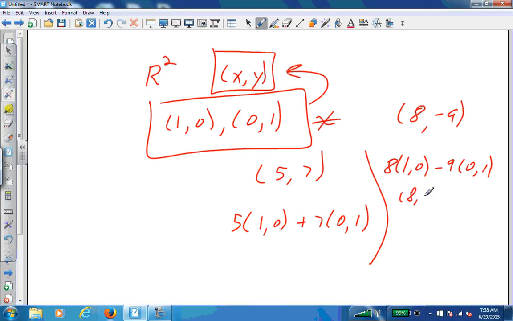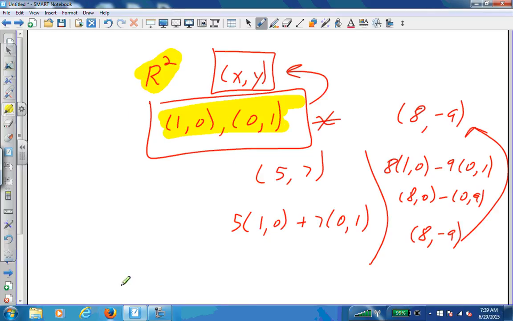And that'll give me 8, 0 minus 0, 9. 8 minus 0 is 8, 0 minus 9 is negative 9. And notice that gives us that vector. So we can say that these two vectors span R2. They can be used to write any vector in R2.